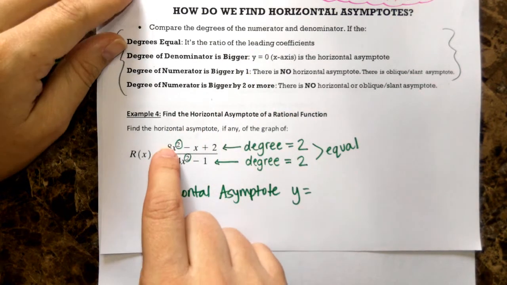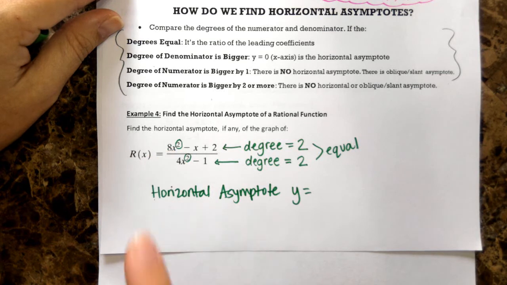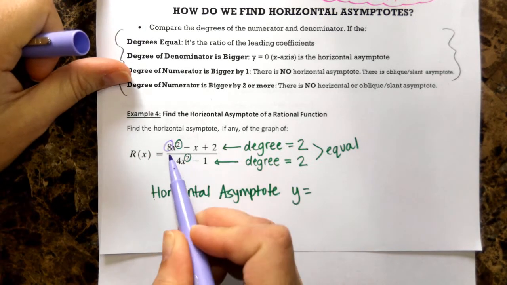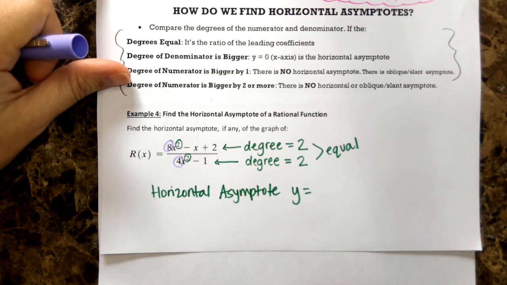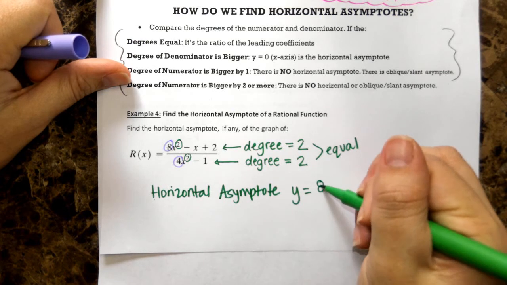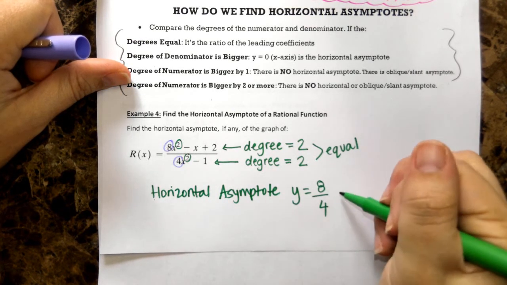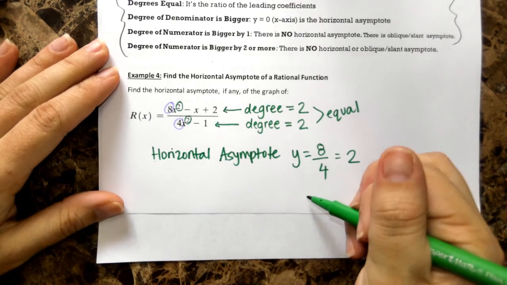What does that mean? Look at the leading coefficients, the coefficients in front of the highest exponent, which would be 8 and 4. So my horizontal asymptote is just 8 divided by 4. You just take the two coefficients and divide them. 8 divided by 4 is 2, and there's our horizontal asymptote: y equals 2.